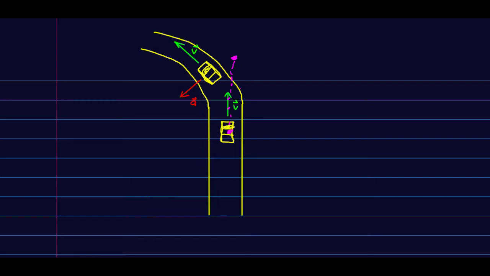This gets called a centrifugal force, and it's a fictitious force in the sense that there's no agent causing any force. A force doesn't really exist. It's an artifact of being in an accelerating reference frame.